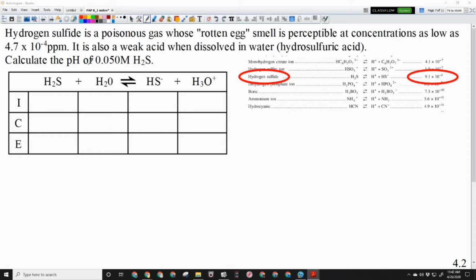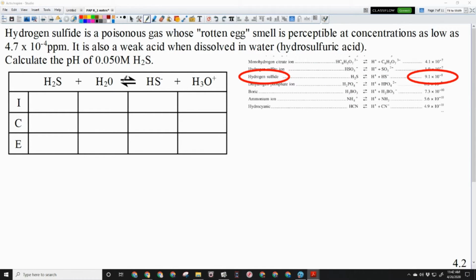It says the pH of this is 0.05. Calculate the pH of a 0.050 molar solution of H2S. If we look on our Ka table, we're going to see the dissociation equation right here, which we have written right here.